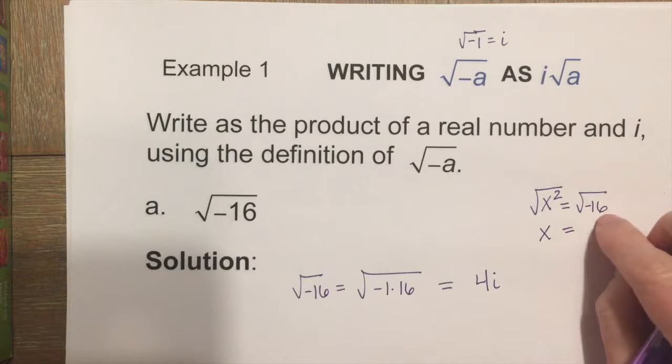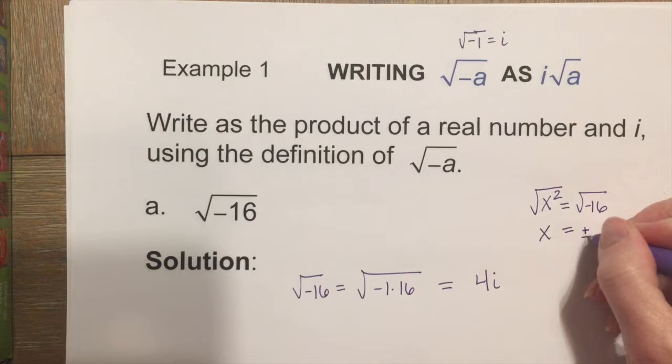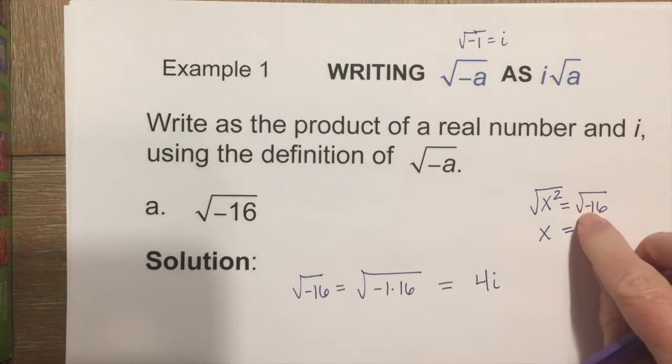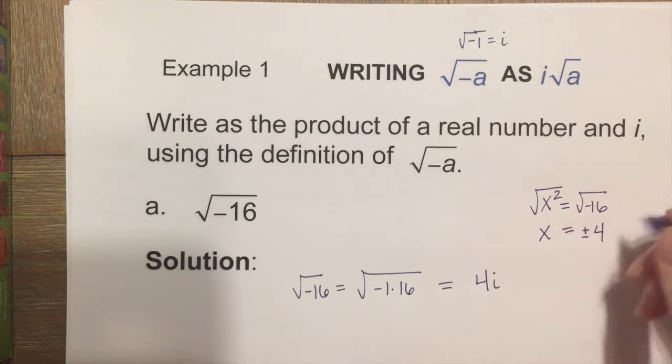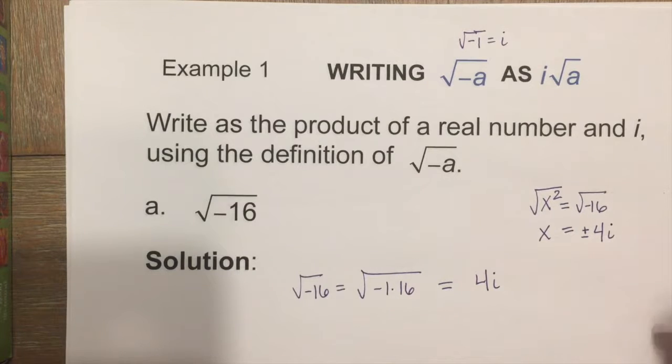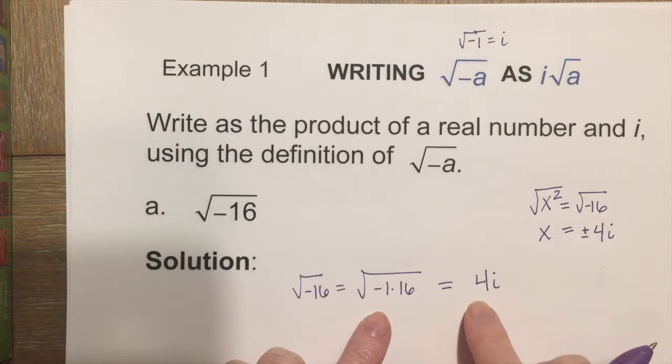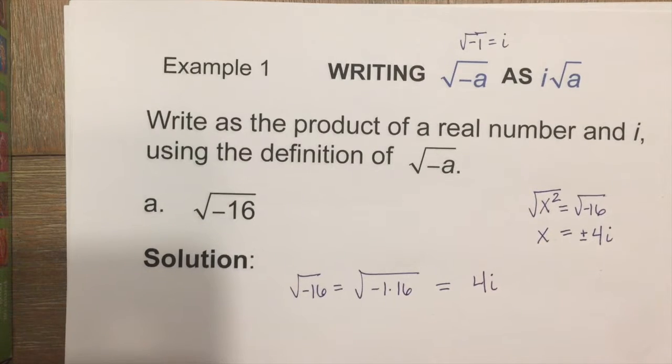So now I think about the 16 as giving me the plus or minus 4, and the -1 giving me the i. So the square root of -16 would indeed be plus or minus 4i. However, this is not inside of a quadratic equation, and the square root of 16 is 4.